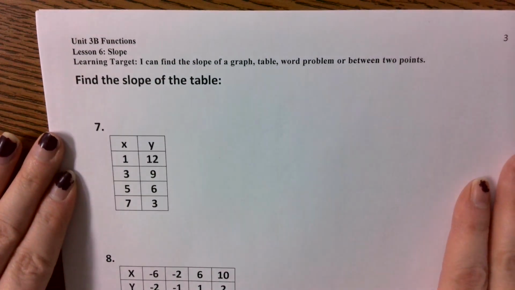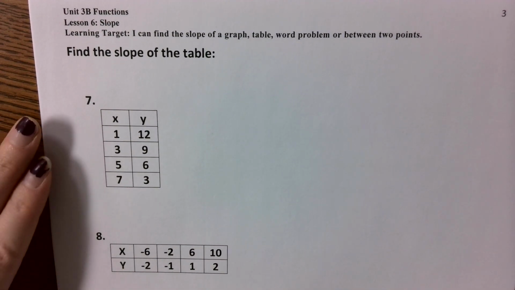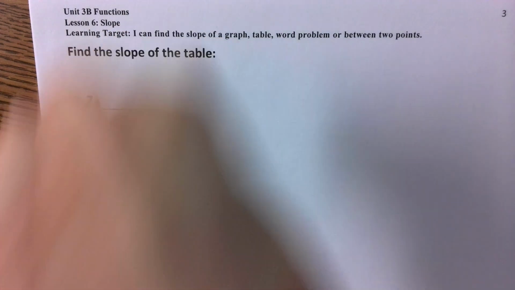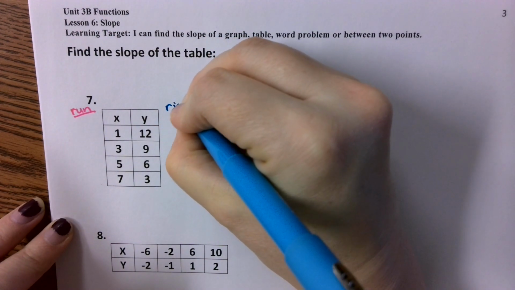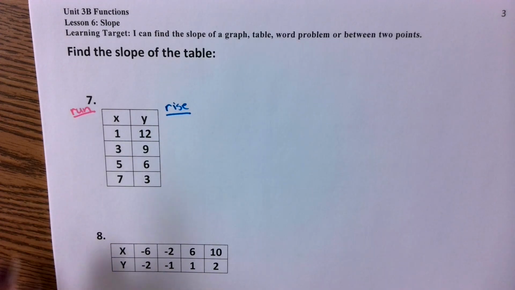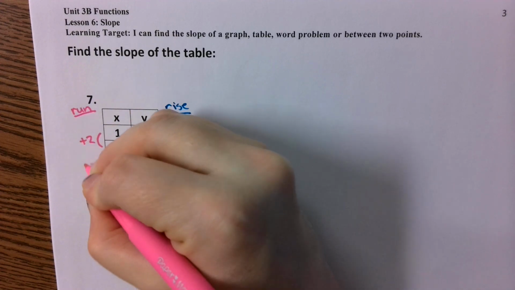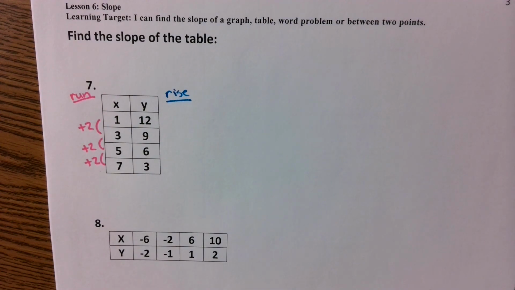So taking a look here, again, if we are talking about from a graph, the run is going to be how are we changing with our x values. The rise is going to be how are we changing with our y values. Okay, so for this first one, we happen to be increasing by 2 every single time when it comes to our run.